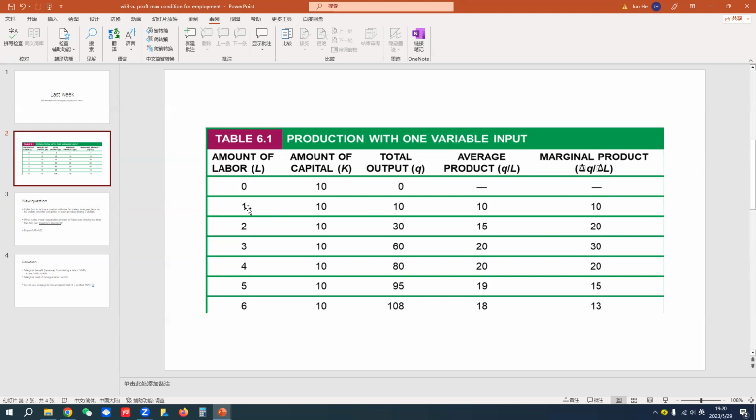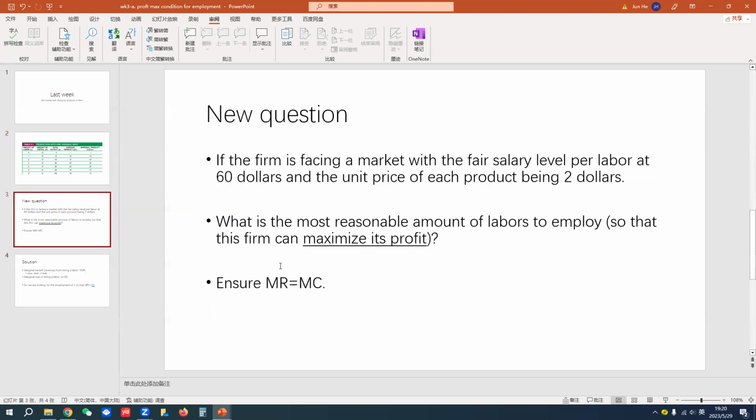So for the first labor, which produces 10 units of output, the value it creates is 10 times the unit price, which is 20, right? So that is the true marginal revenue.